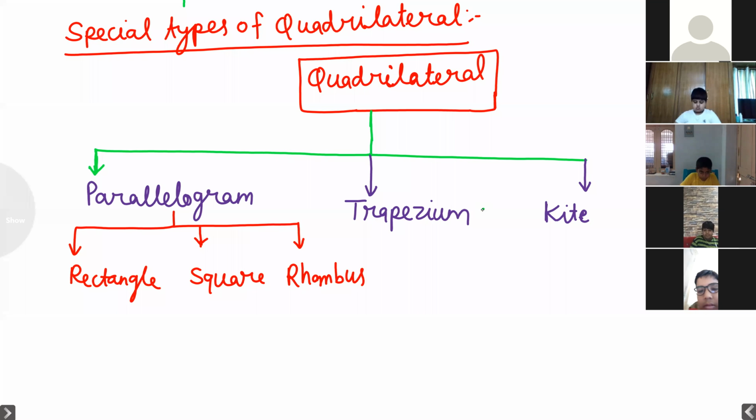Grandfather will always be the boss. Write the spellings very clearly, students: quadrilateral, parallelogram, trapezium, rhombus.